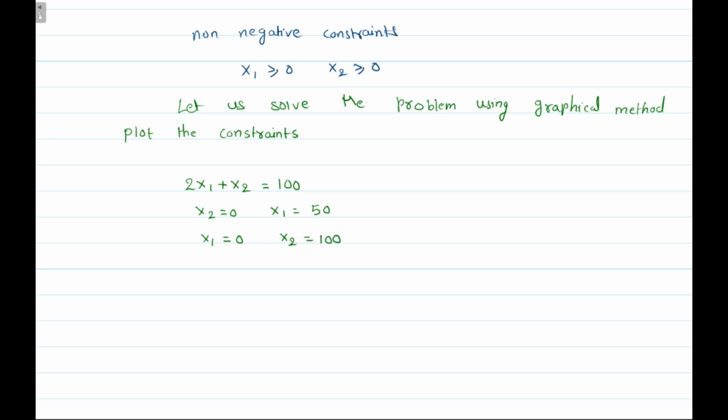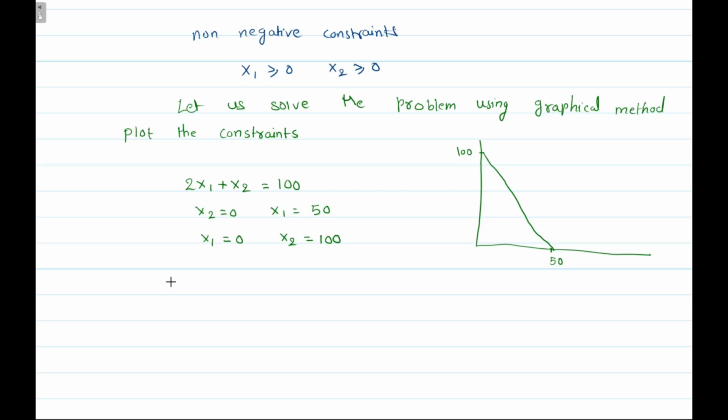So if I am drawing this plot, let us take x1 is 0 and x2 is 100, so let us take 100 over here, and x2 equal to 0 and x1 is 50, let us take 50 over here. Just we are joining these two points.